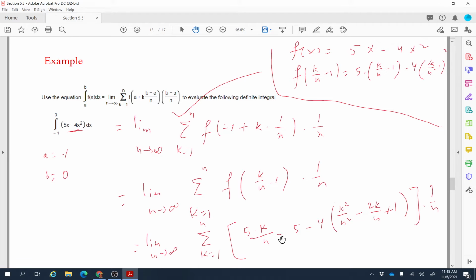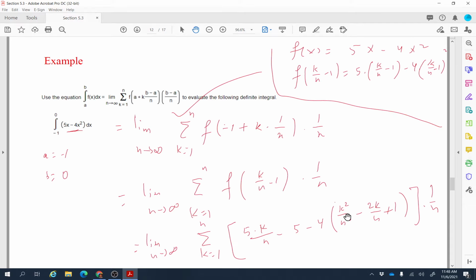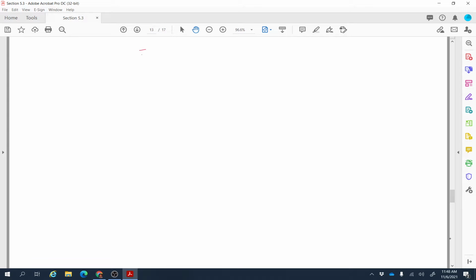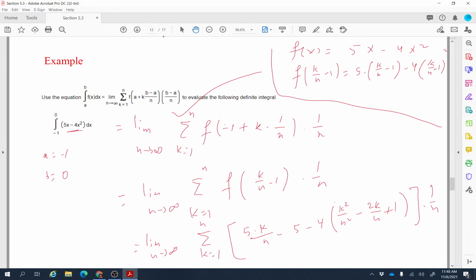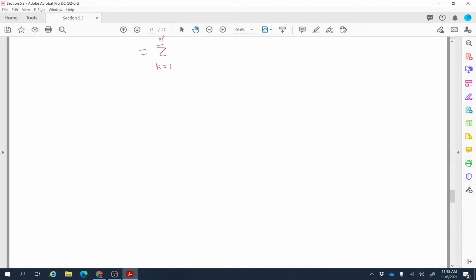Let's go to the next step here. I'm going to multiply everything by 1 over n and expand this. So the next step is the sum from k equals 1 to n, and we need to find the limit of that. There should be a limit sign, limit when n goes to infinity.